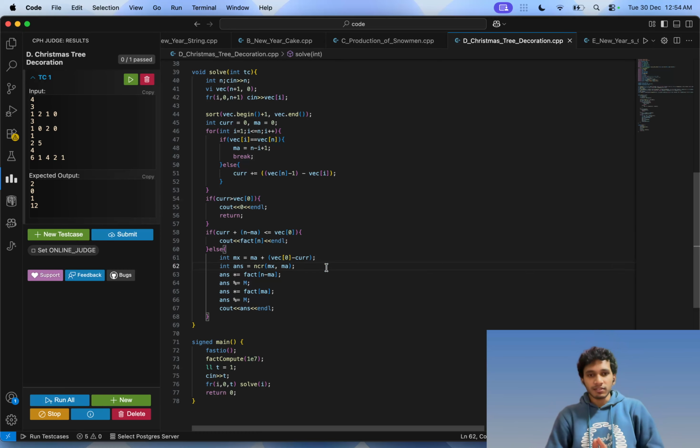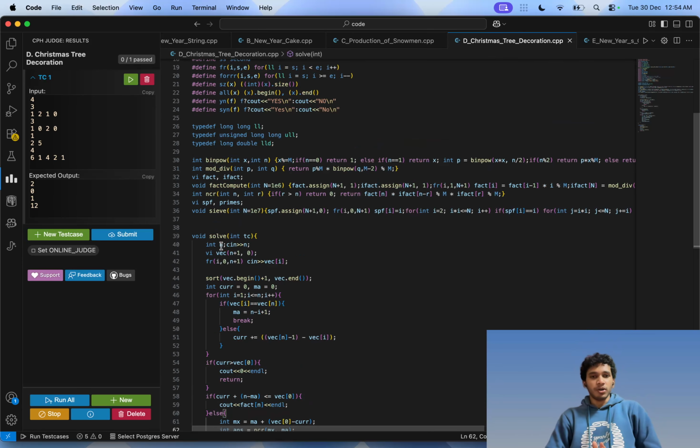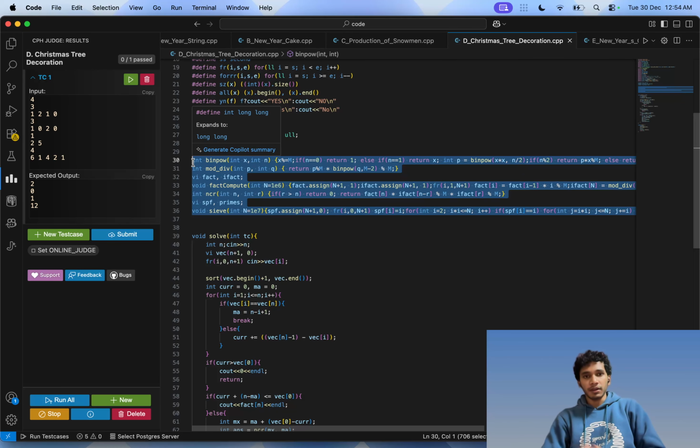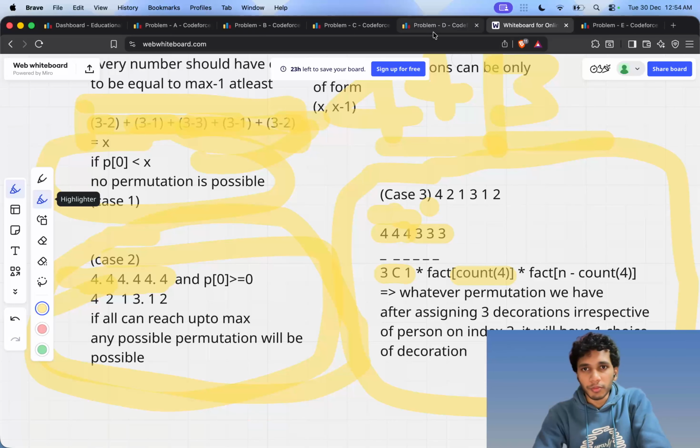Because calculating NCR is equivalent to calculating binary exponentiation. Okay, if you do not have knowledge about it, you can just read it on CP algorithms or just black box this particular template for yourself. All right, so that is it for problem D.